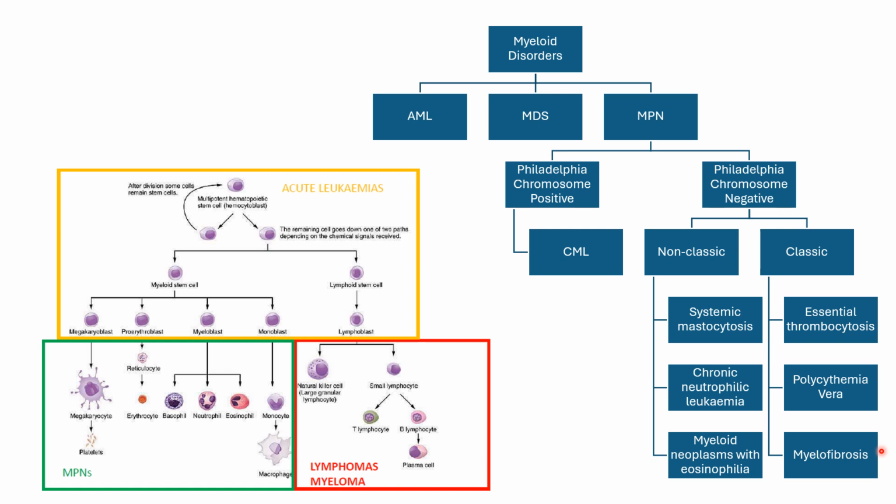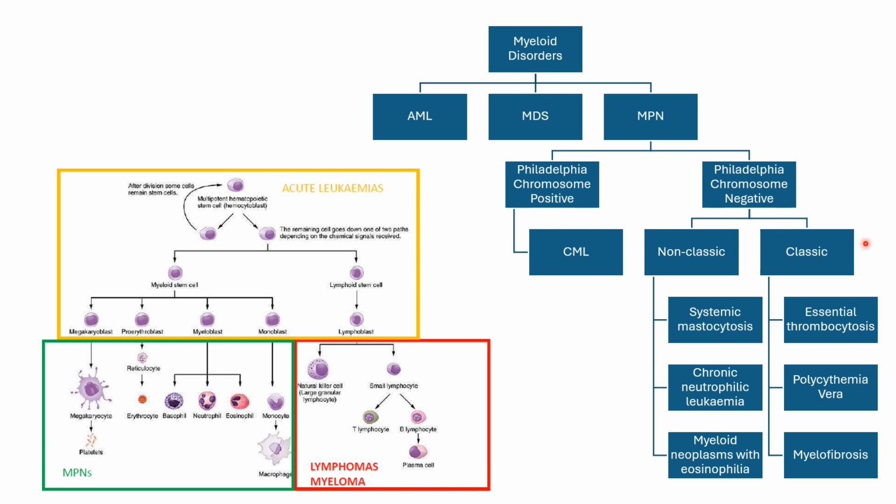the JAK2 mutation. But MPNs more broadly can be categorized in two ways, either Philadelphia chromosome negative or Philadelphia chromosome positive. Of the Philadelphia chromosome negative, you have the classical and the non-classical ones. Classical is a completely separate talk.